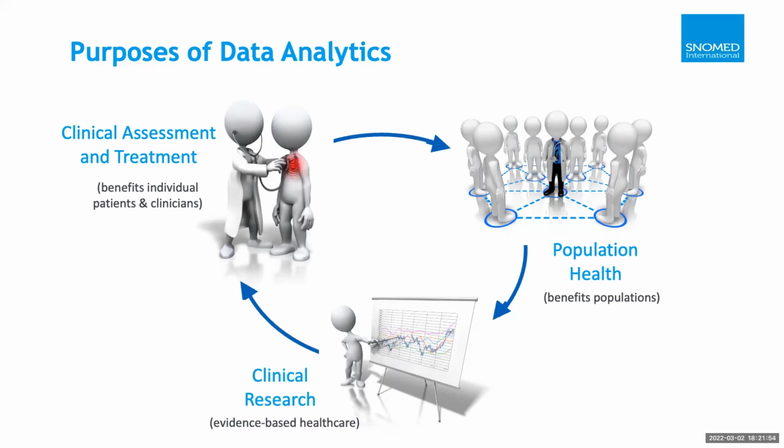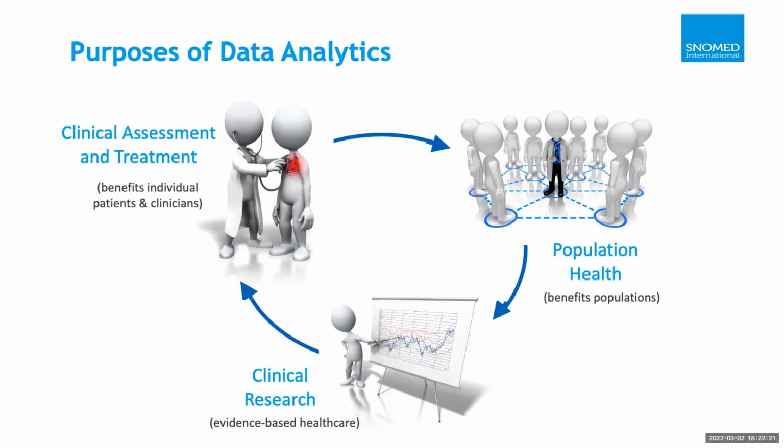And finally, we have evidence-based clinical research, which can in turn lead to improvements in treatments for individual patients. So we have this circle that starts with the clinical assessment and treatment and then feeds back to them in the end, but only because we would be able to aggregate and analyze and share our data.